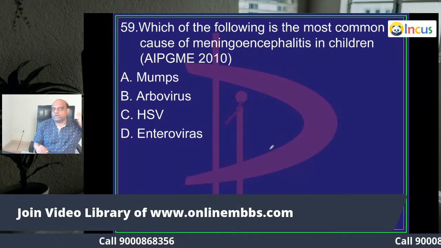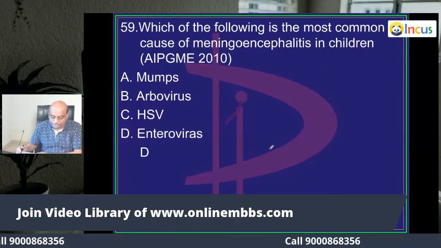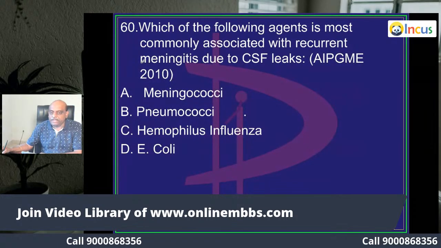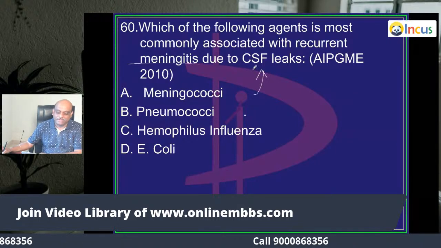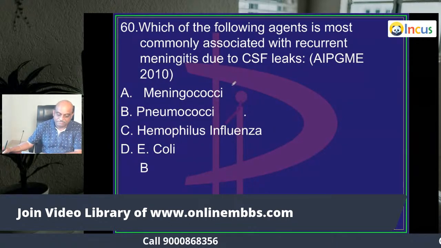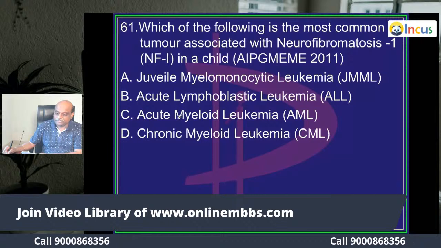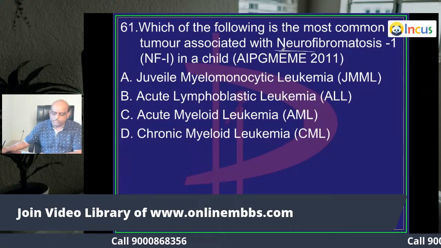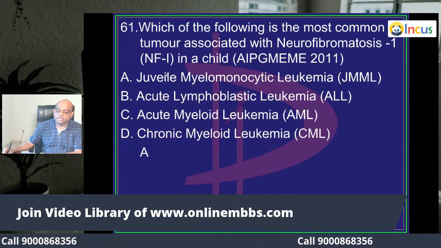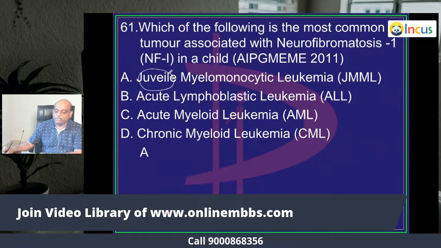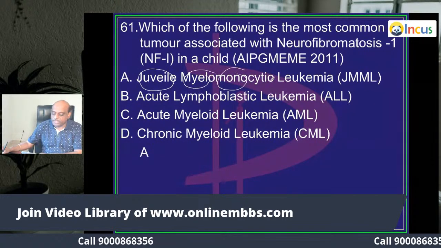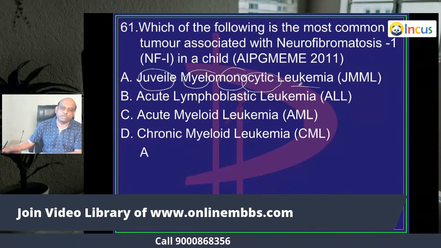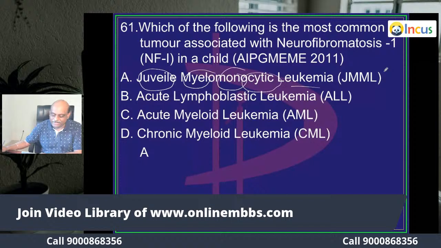What is the most common cause of meningoencephalitis in children? Enterovirus. Recurrent meningitis due to CSF leaks is due to pneumococci. The most common tumor in neurofibromatosis 1 is juvenile myelomonocytic leukemia, JMML, right?